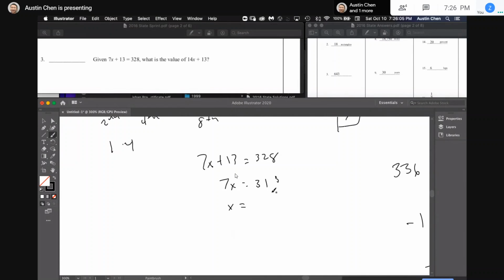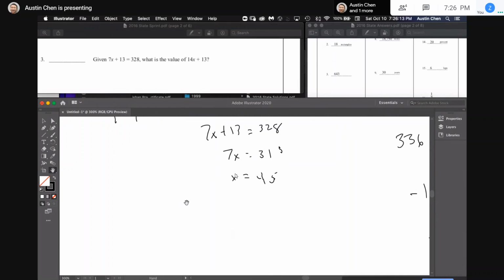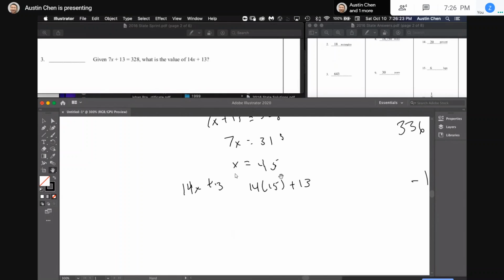And then we divide by 7, so that's just going to be 45, right?